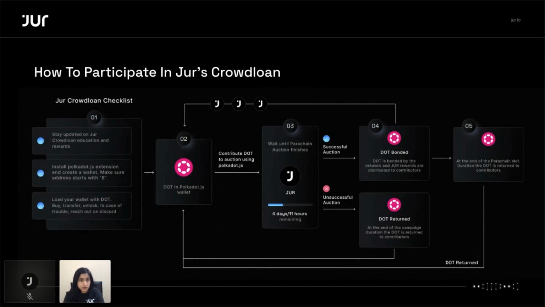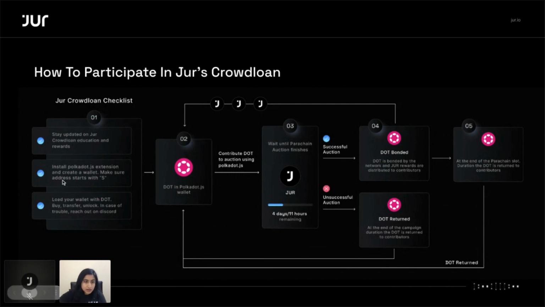It will be done very, very soon in the Discord channels, so stay updated there. If you want, you can sign up for the newsletter. If you're not comfortable sharing your email, then Discord is the place. Stay connected there, because very soon we might be announcing the crowd loan.